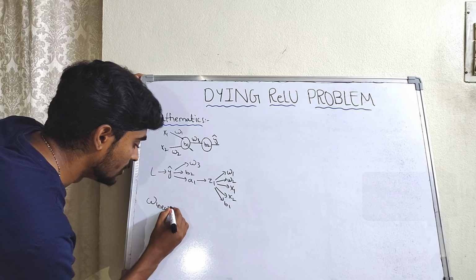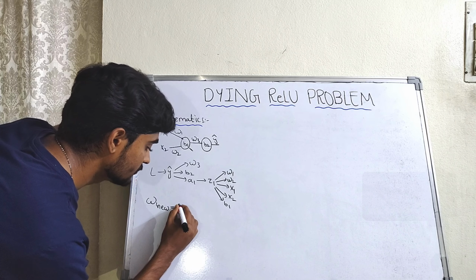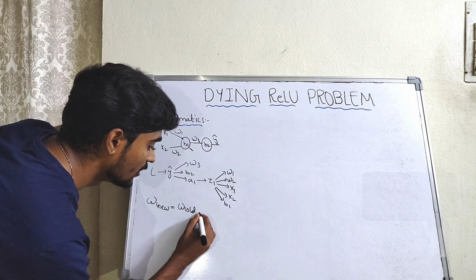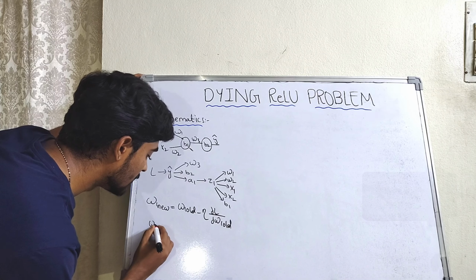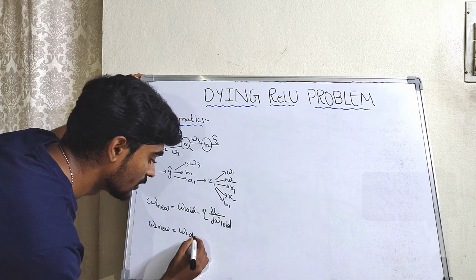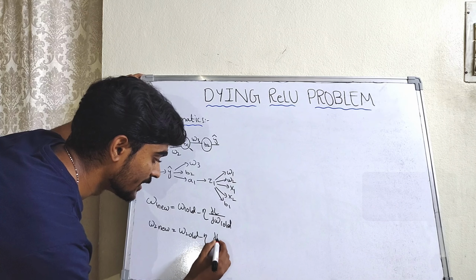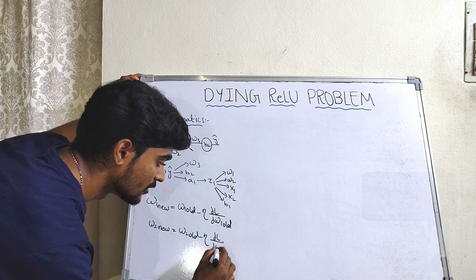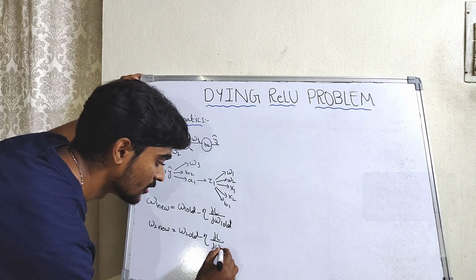W1 new is equal to W1 old minus learning rate times dou L by dou W1 old. W2 new is equal to W2 old minus learning rate times dou L by dou W2 old.